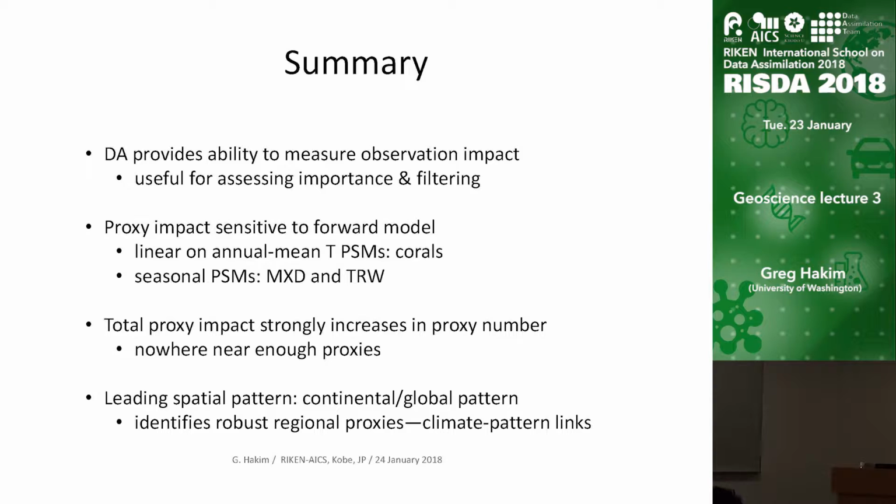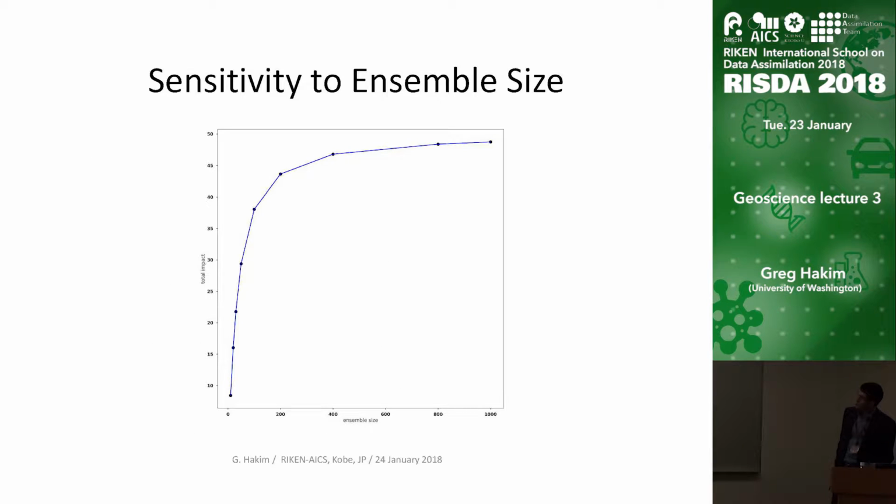Can you explain again your figure, the total impact figure relative to the sample size? Actually, I didn't see the y-axis here. Yeah, sorry, that was a small font. This one here. And y is the total impact. Yes, this is the total impact in those degrees of freedom units.